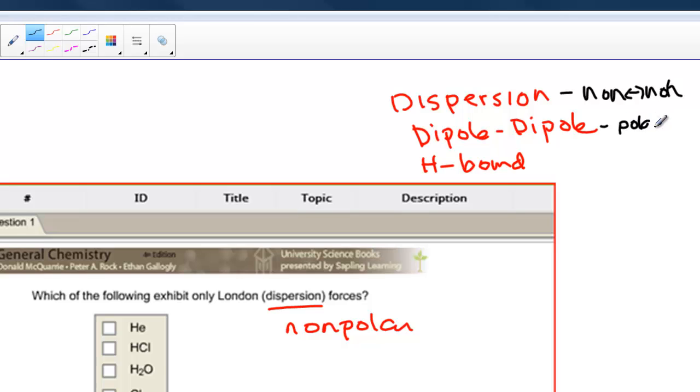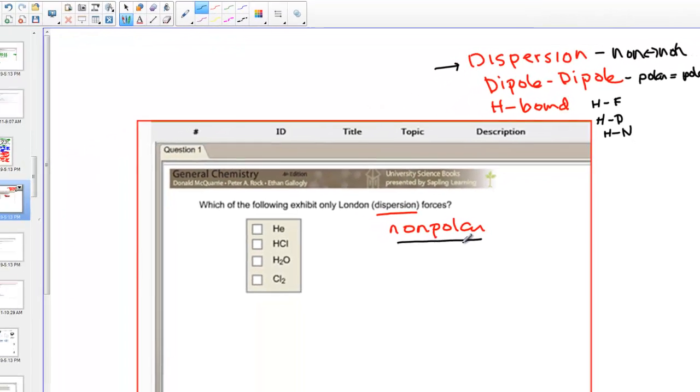Dipole-dipole is that attraction between polar and polar molecules. And hydrogen bond exists between molecules, but a very specified type of polarity: between HF, HO, or HN. We're being asked which one of these would have dispersion forces. So we're looking for non-polar.